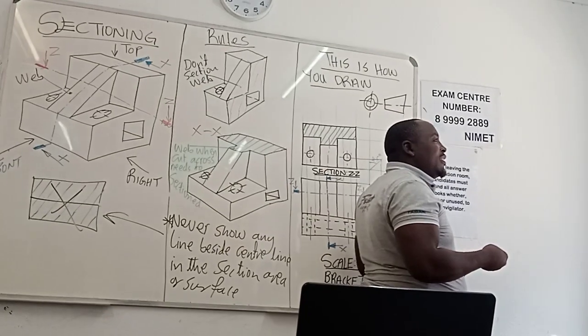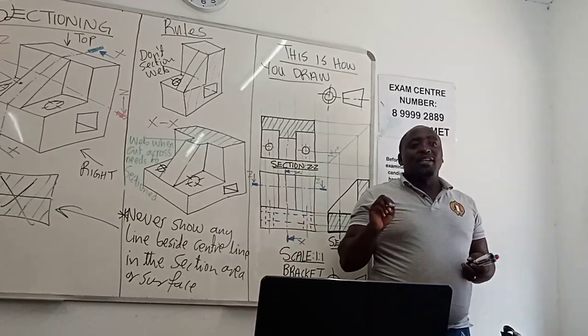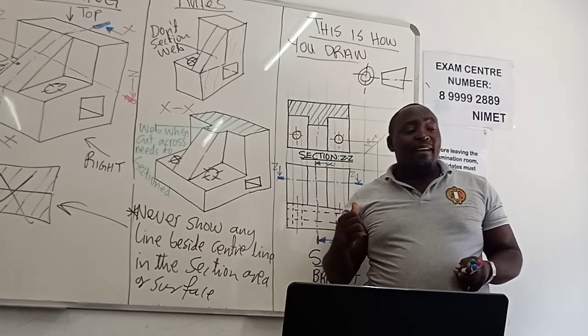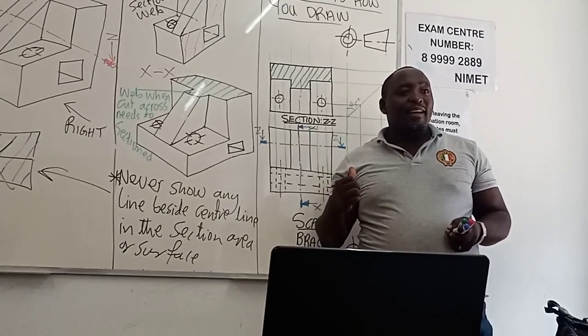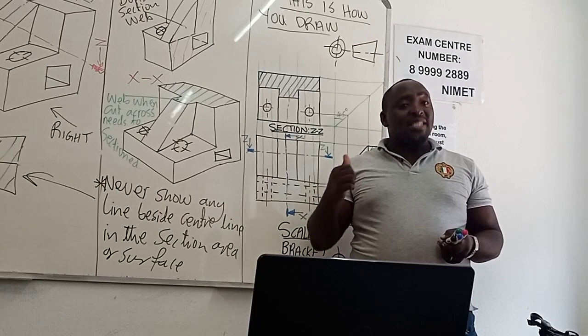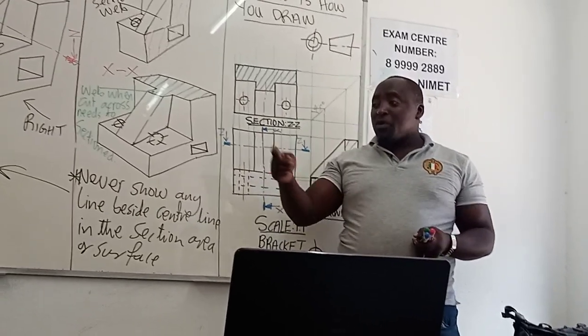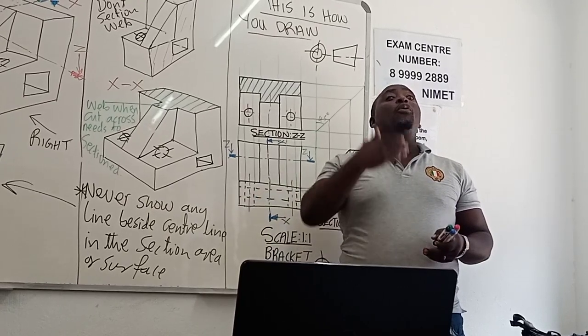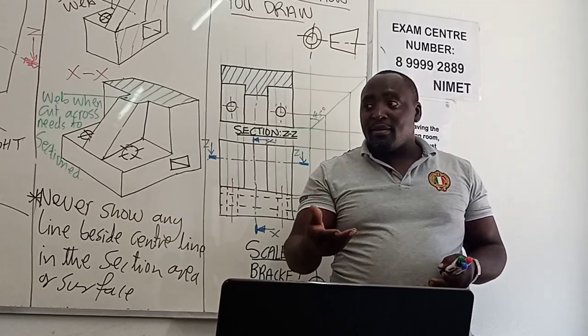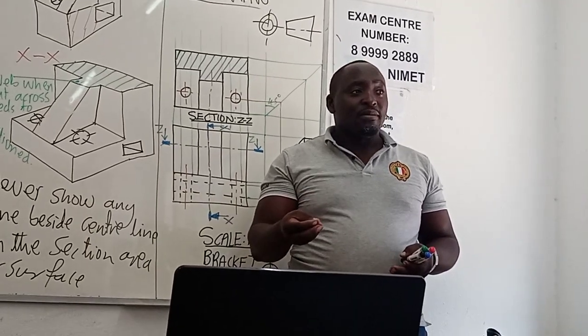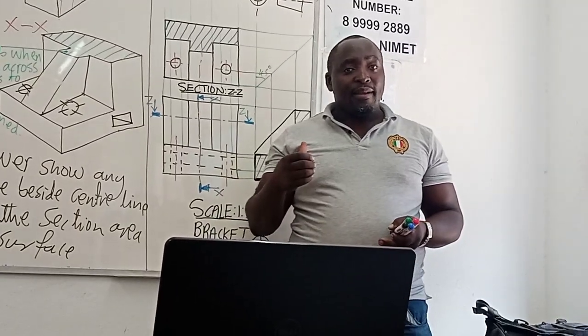Then there are two more things. How do we dimension here? This will be the next part. We'll take a drawing and look at it.